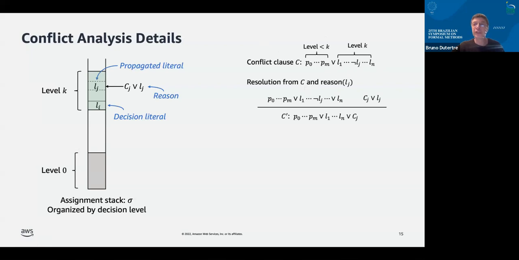So what we do from there is we try to eliminate literals of level K until we get only one. And we do this elimination by looking at the reason why these literals were propagated.